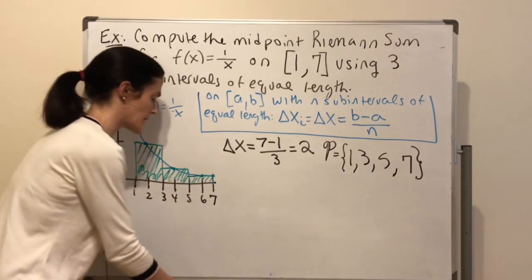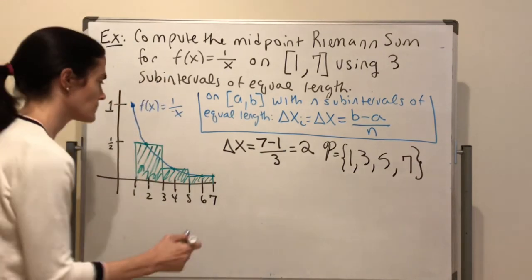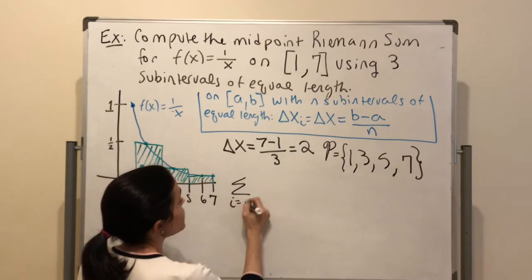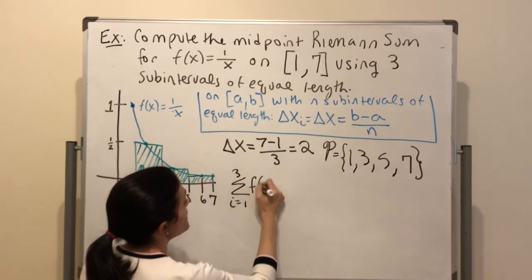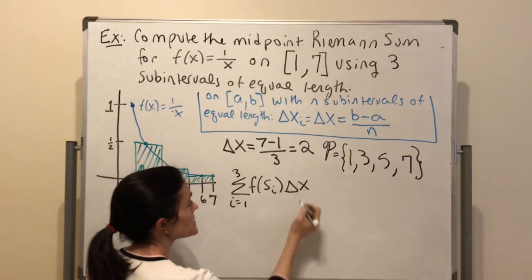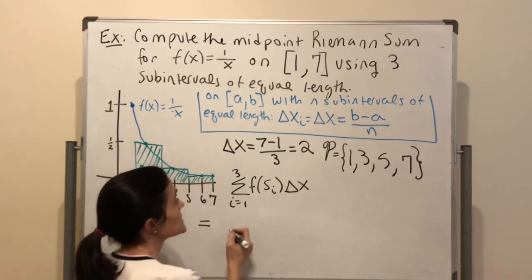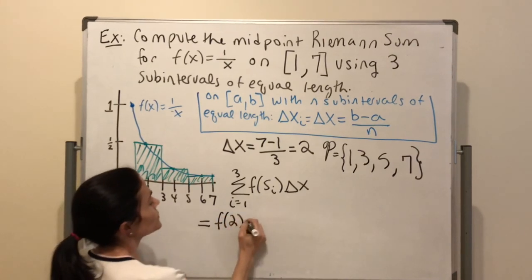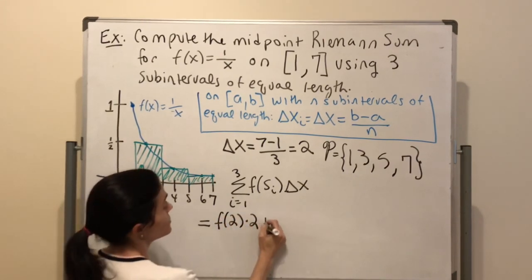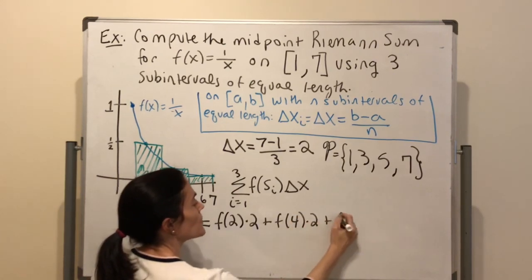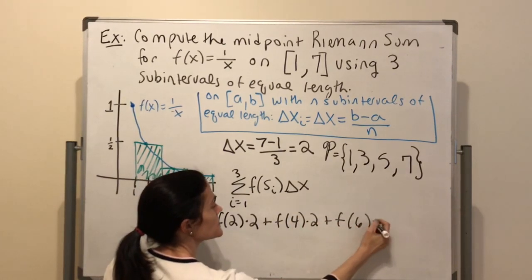Okay, so let's do that now. I'll write it, the sum i equals 1 to 3, f of si delta x. This is the Riemann sum. This is, well, maybe I'll do it in 2 steps. It's f of 2 times 2 plus f of 4 times 2 plus f of 6 times 2.